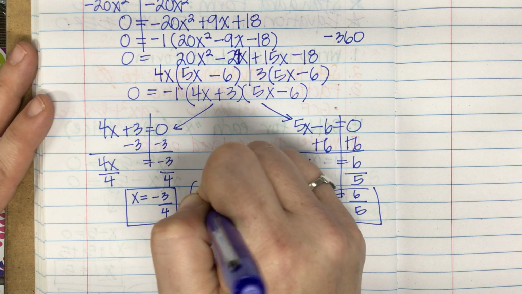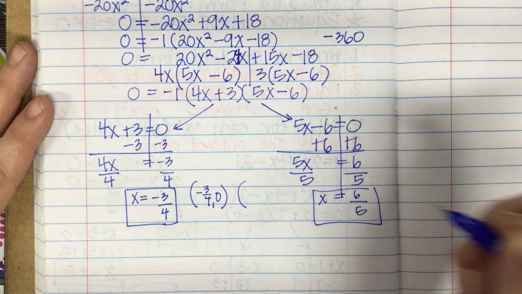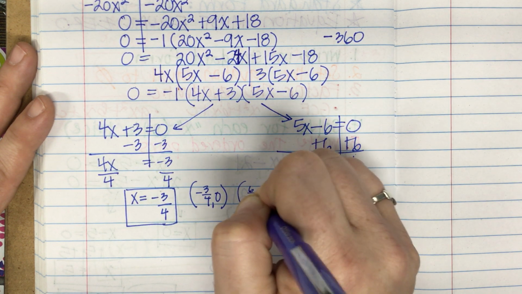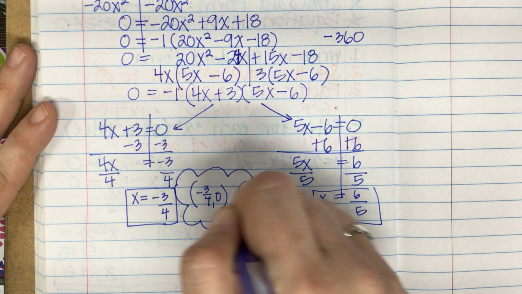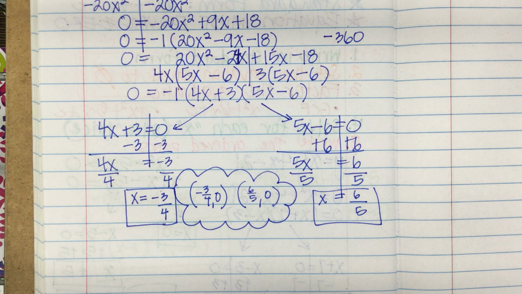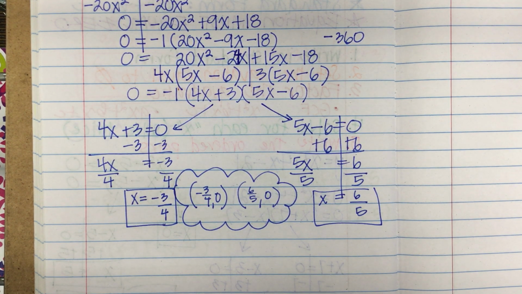Negative 3/4, comma 0, and 6/5, comma 0. We're going to do one more.